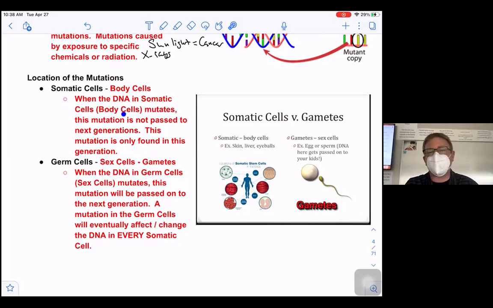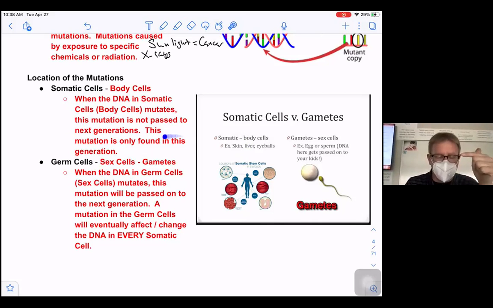We're talking about things like skin, hair, eye, lung, heart, muscle tissue, our somatic cells. When we get a mutation that takes place in a somatic cell, we don't pass along that mutation to next generations. It's only affecting that one individual, right? It's not changing it at a level where you're going to be passing along that trait to the next generation.